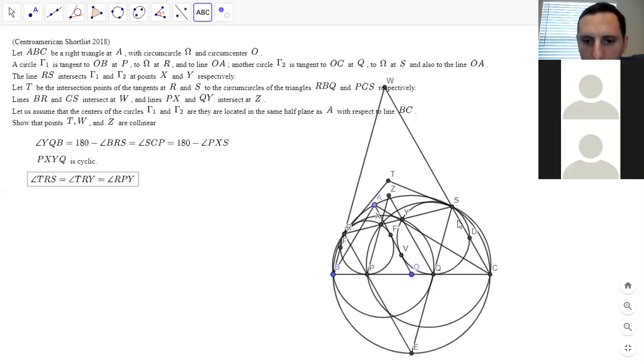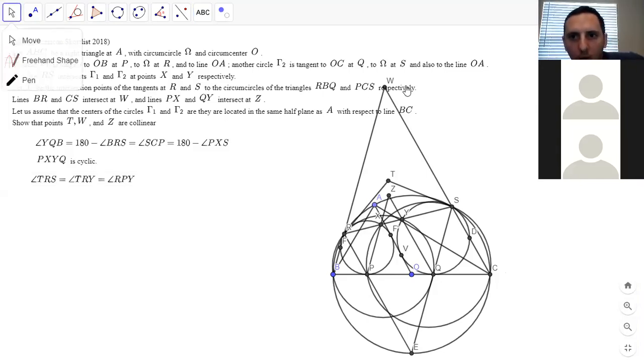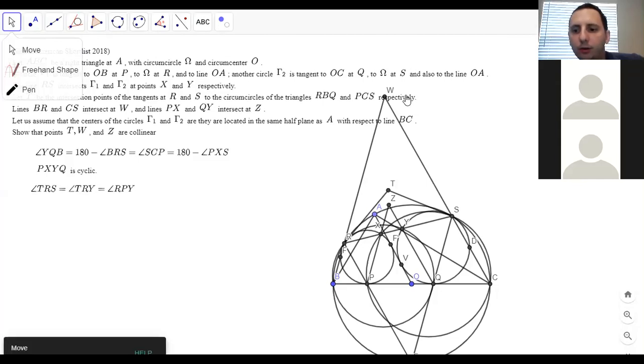I guess we want to show BS and RE are perpendicular. So Yash, do you see the proof that those two are cyclic?